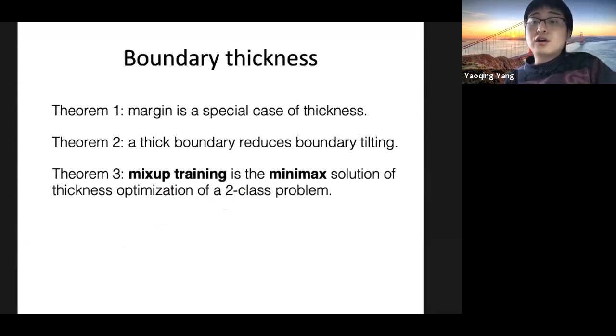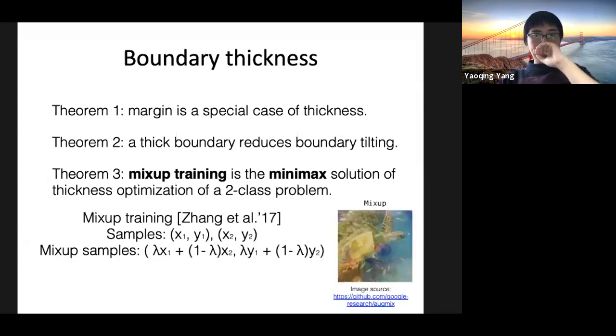Then our third result is that the so-called mix-up training is the minimax solution of thickness optimization of a binary classification problem. So I will explain what I mean by this sentence. First, what is mix-up?